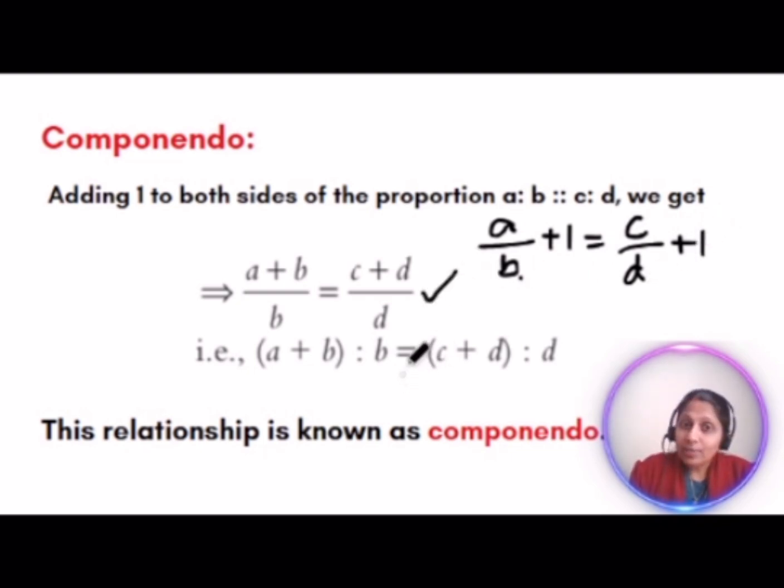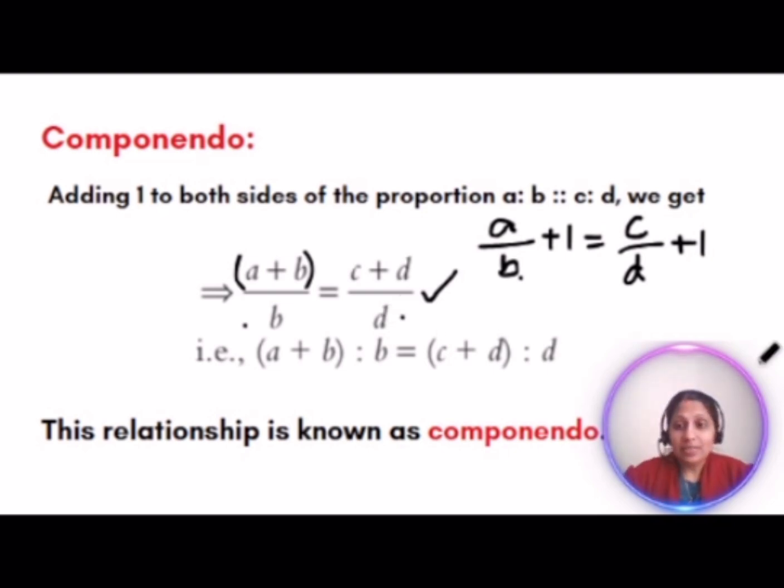So how do we write it in proportion? A plus B is to B will be equal to C plus D is to D. This relationship is called componendo. In the exams, you may be asked to find the componendo directly. So using this relation, you can find the answer easily and quickly.